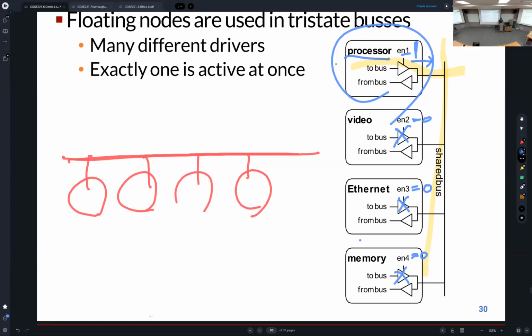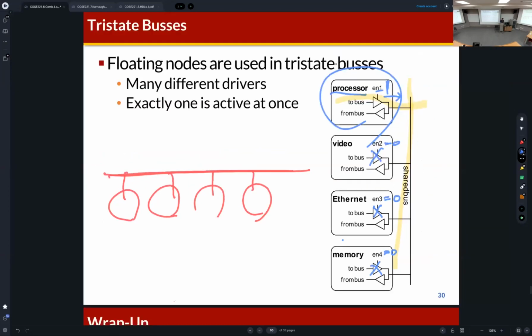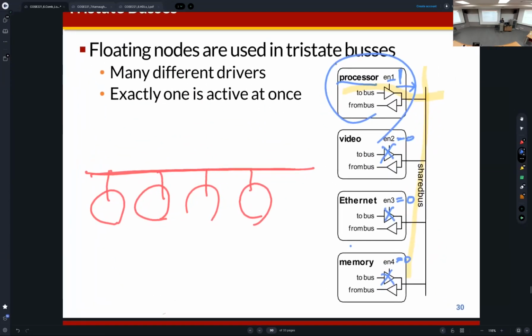So we can implement the shared bus like this. The shared bus can also be shared by multiple components, and using the tri-state buffer we can connect multiple drivers.